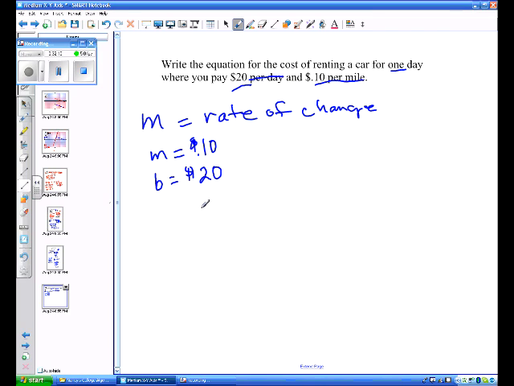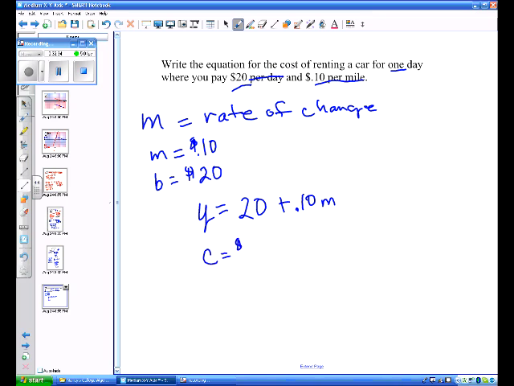So as we put this into our equation, then we would have the cost of the car, and sometimes you might even want to say, well, I'm going to begin at $20, and then I'm going to add 10 cents per mile. And maybe we want to use an M here since we're representing miles. We might want to use a C for the cost.